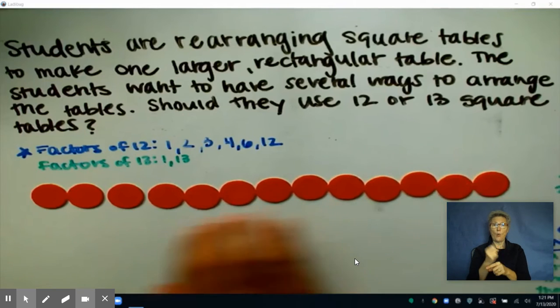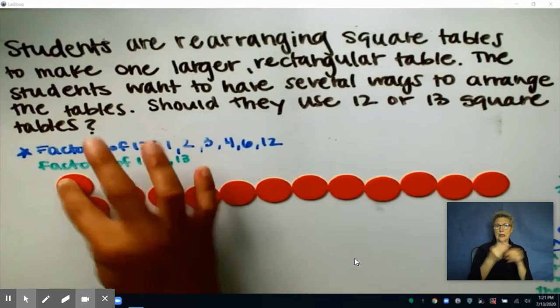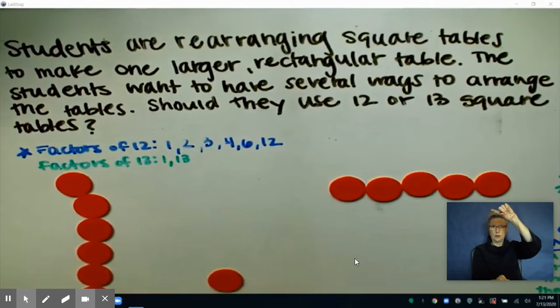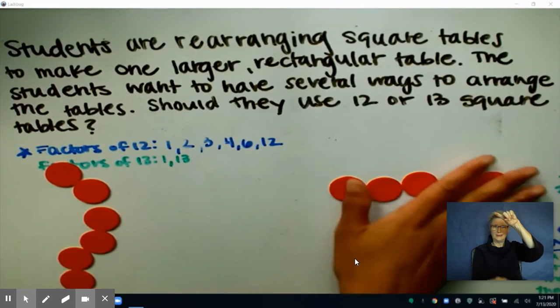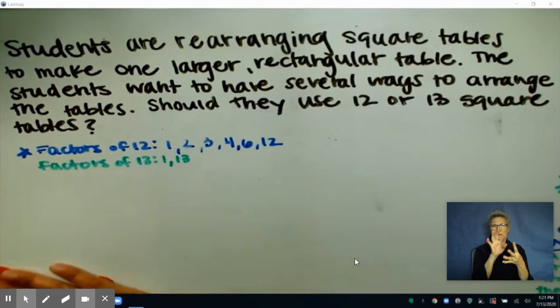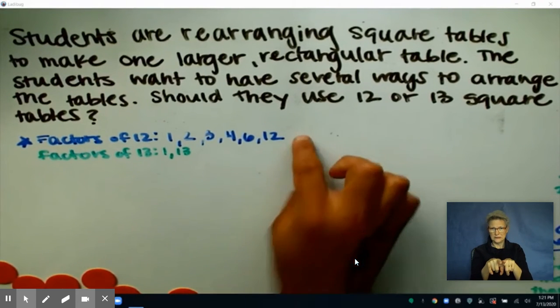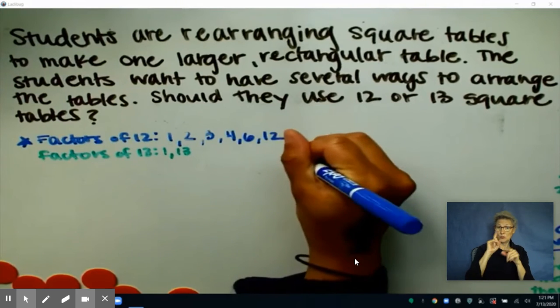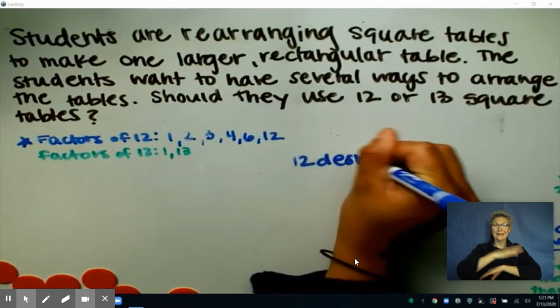Or I could use my commutative property, and I know that I could switch this all around and do 13 rows of 1, but that's still not as many options as if I used 12 desks. So my answer to this question would be 12 desks.